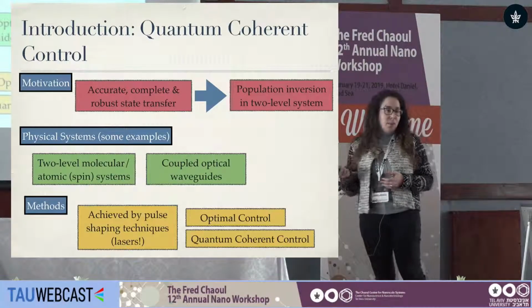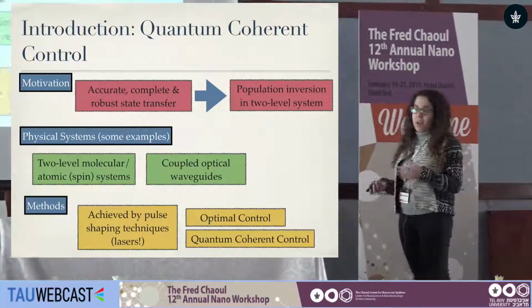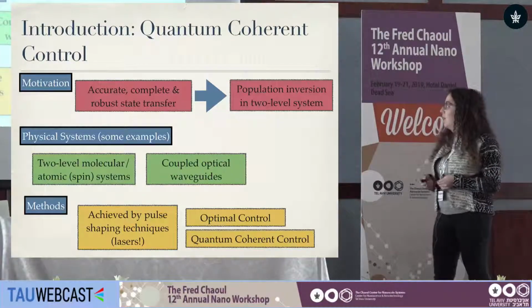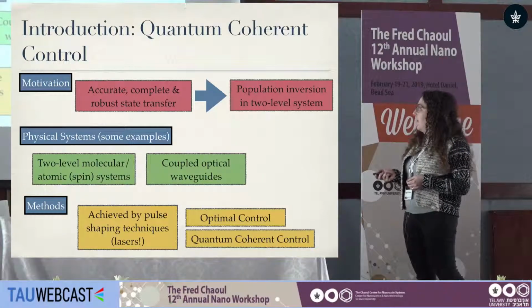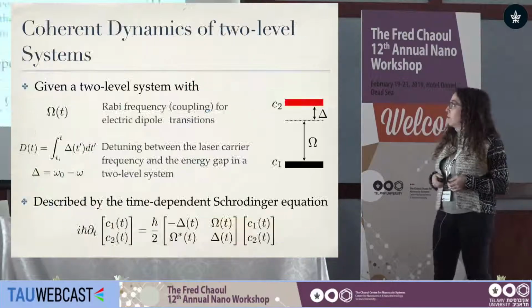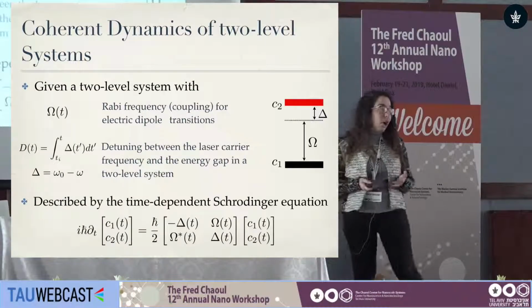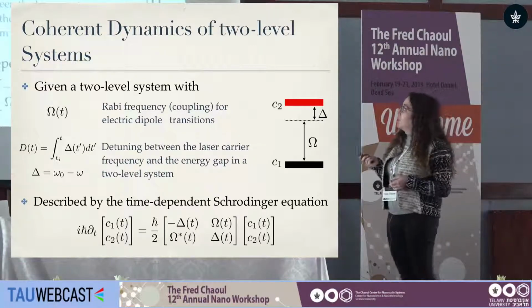And the methods in which this control is achieved is by means of pulse shaping techniques, or lasers, which is what we have in our lab, and via theories within the title of optimal control or quantum coherent control.